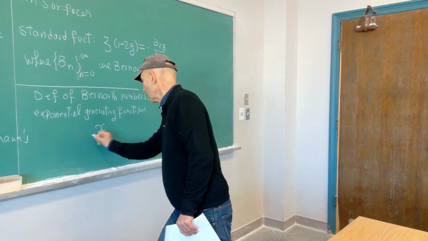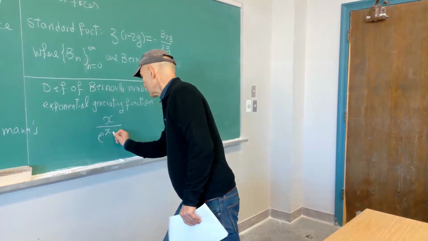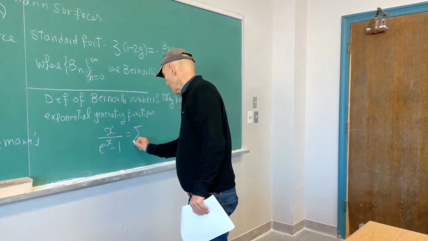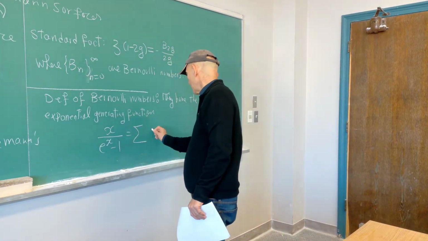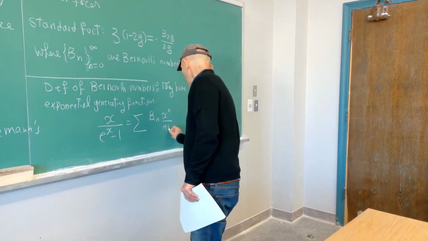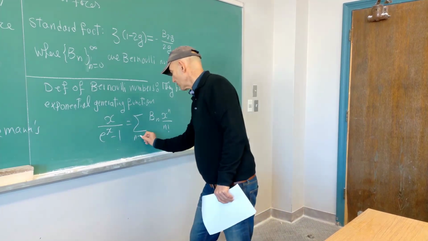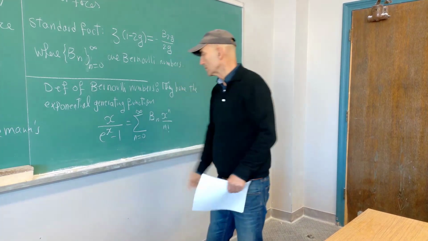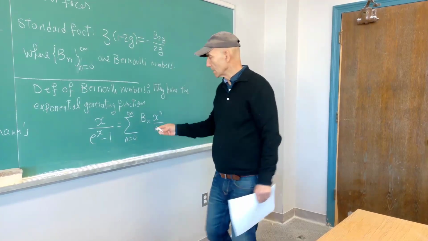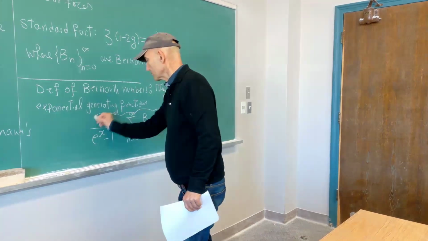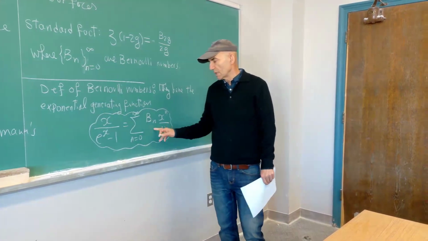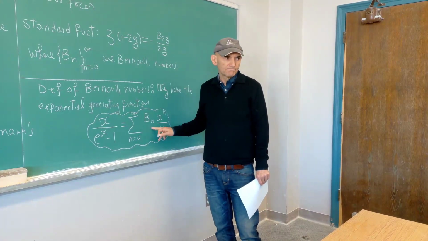So x over e to the x minus 1 is equal to the sum of B_n times x^n over n factorial, from 0 up to infinity. If you want, this is the definition of B_n.